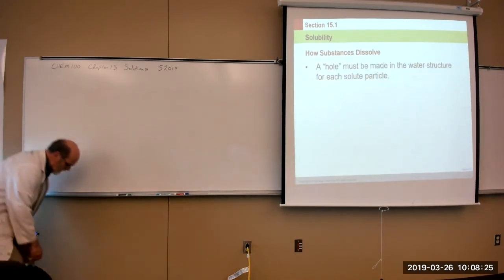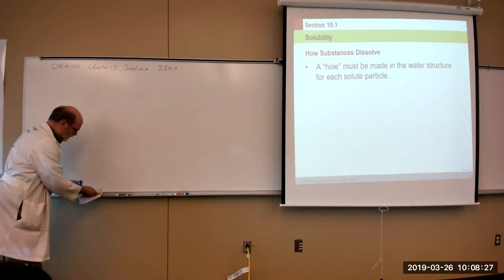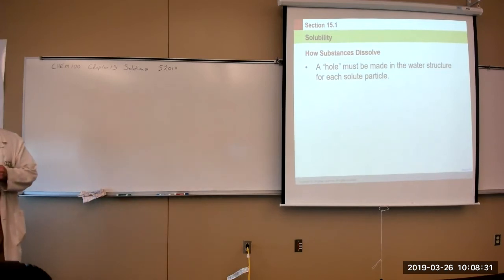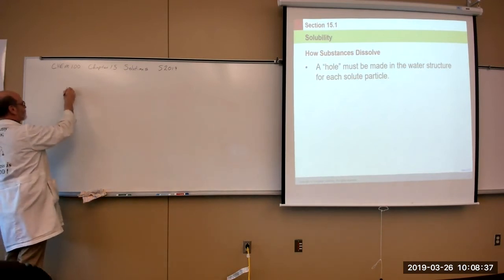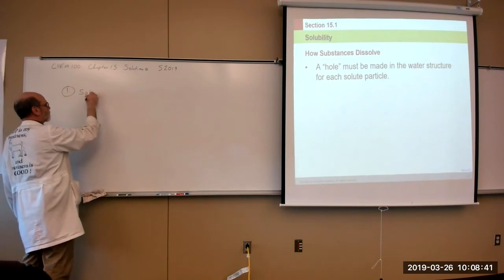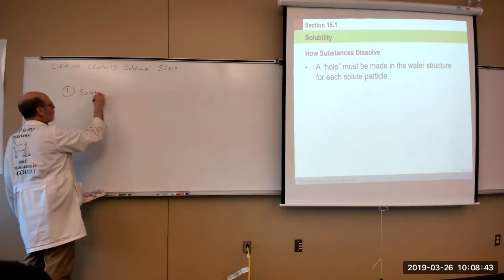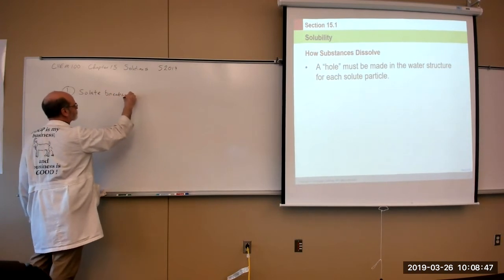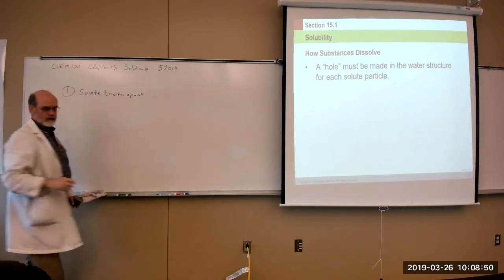So what's the process of solution? When something goes into solution, it's the conventional wisdom now, chemists believe that three things have to happen. All right, number one, the solute breaks apart. Right?